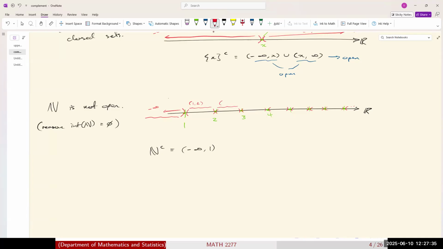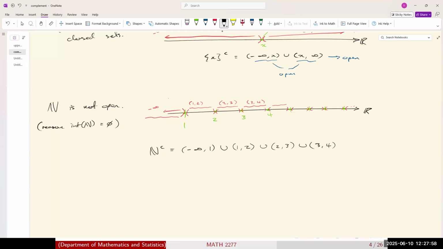This guy here is open interval 2 to 3. This guy here is open interval 3 to 4, and so on. So you get the idea. So then the complement of the natural numbers, I can write it as minus infinity to 1, union 1 to 2, union 2 to 3. So I'm just unioning all the spaces in between.